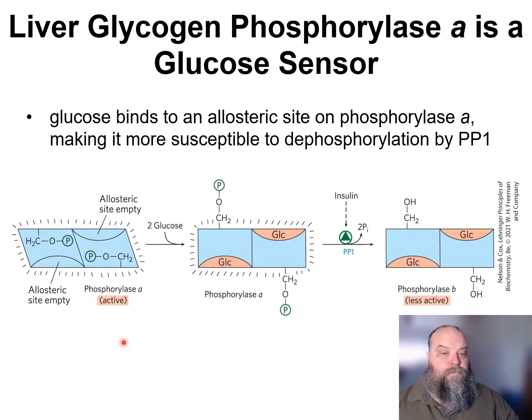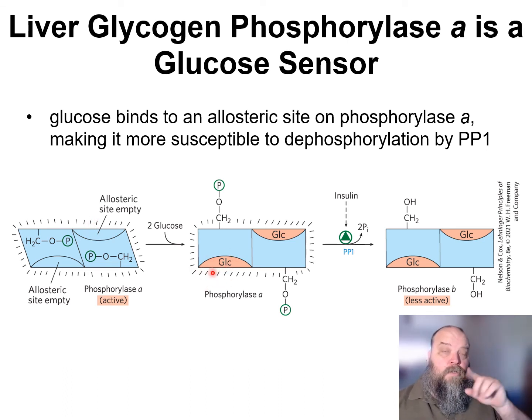Now, once enough glucose has been liberated from glycogen, you get that reversion from A back to B to help PP1 along. We have come to find out that phosphorylase A has 2 allosteric sites that are the correct shape for glucose.